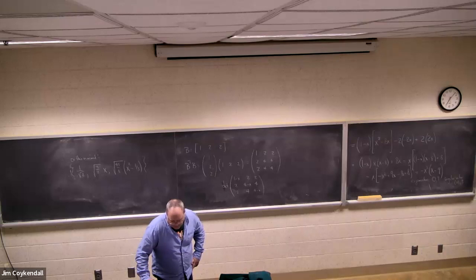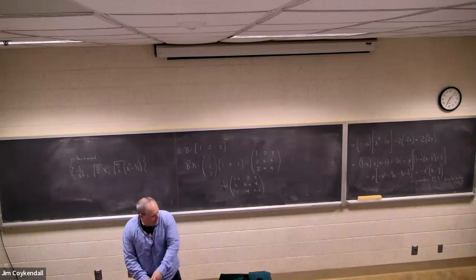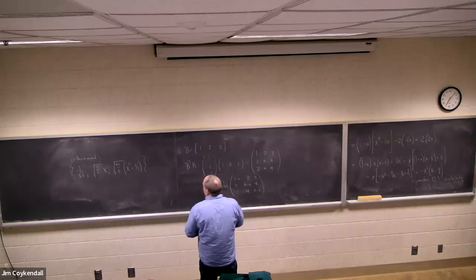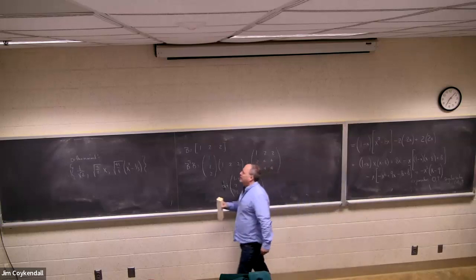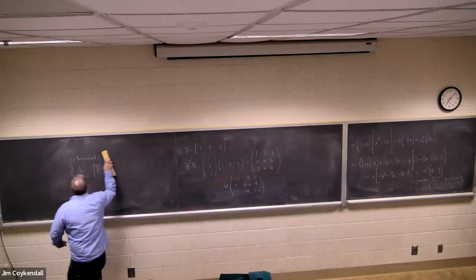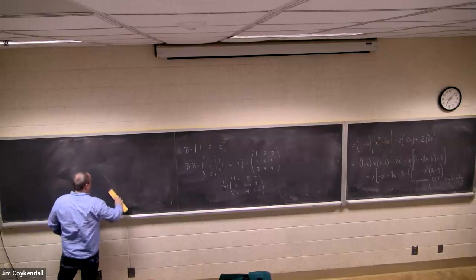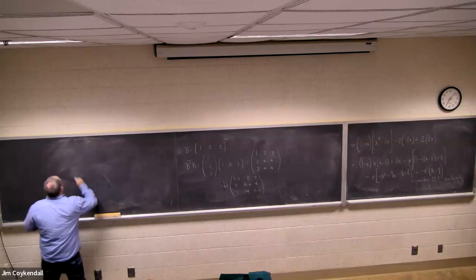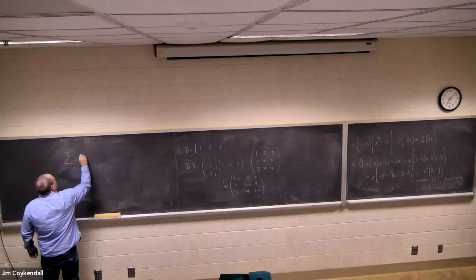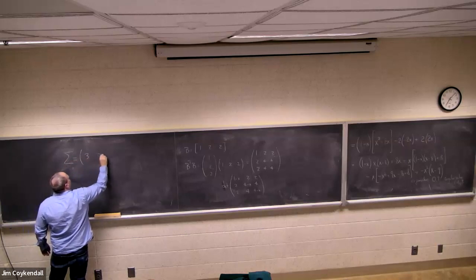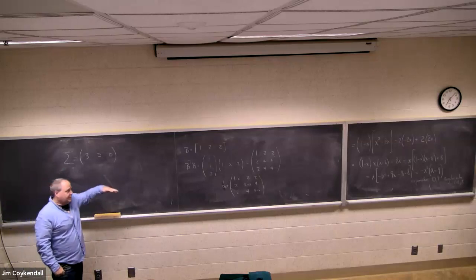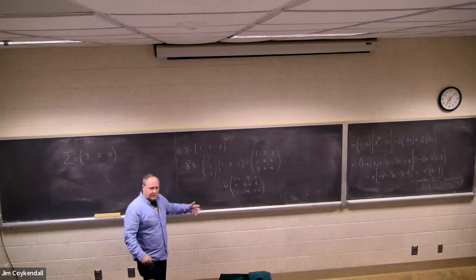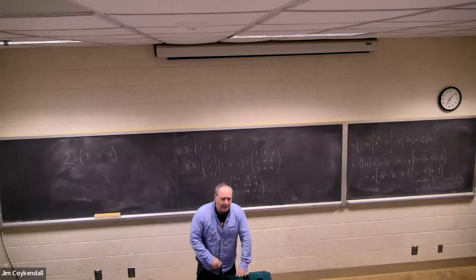Find the matrices sigma and V in the singular value decomposition. Okay, so here, I'll start pulling stuff over here. That's sigma, right? It's the same size as B, and it's just got the singular value. Everybody okay with that?